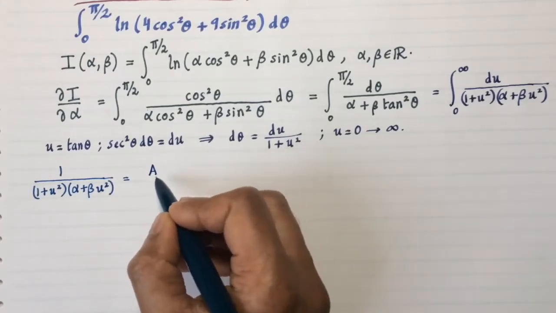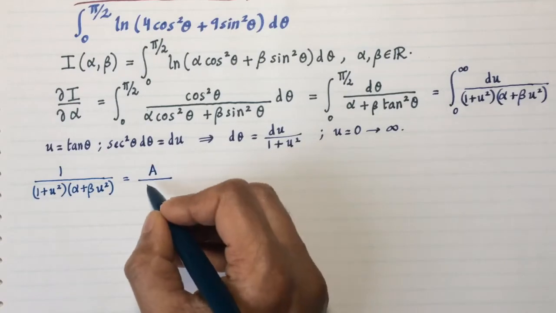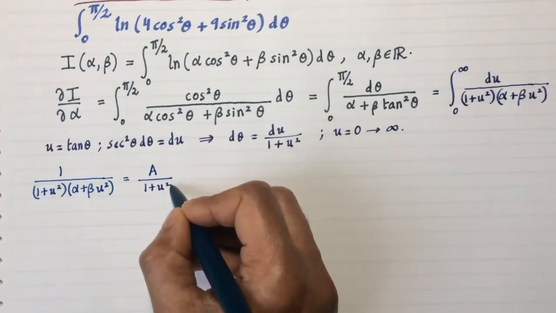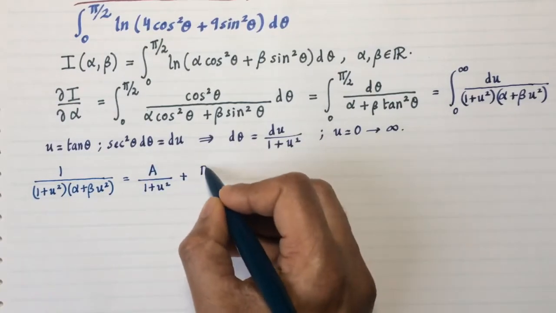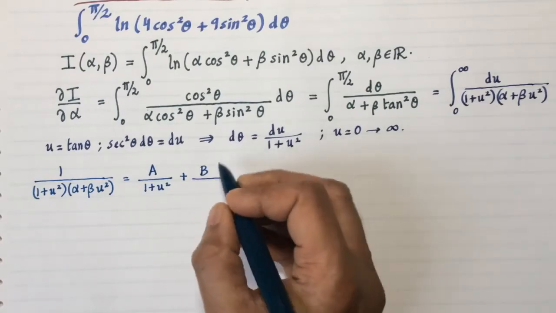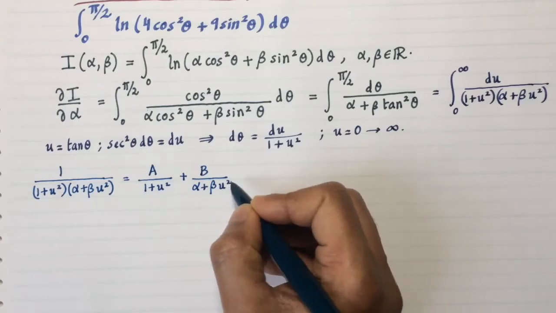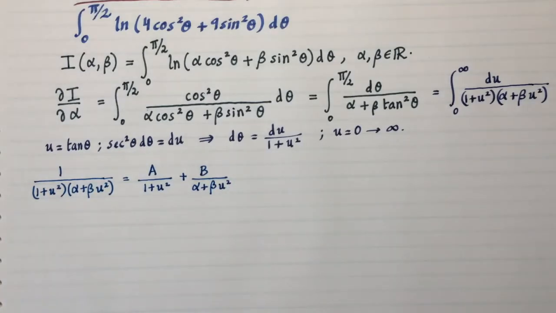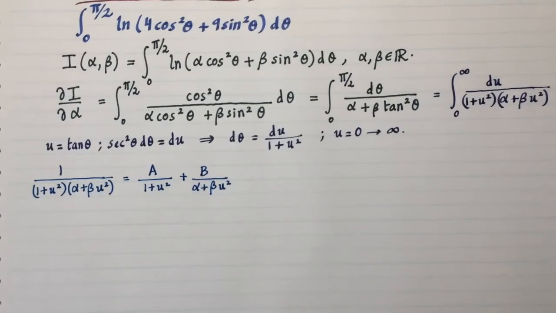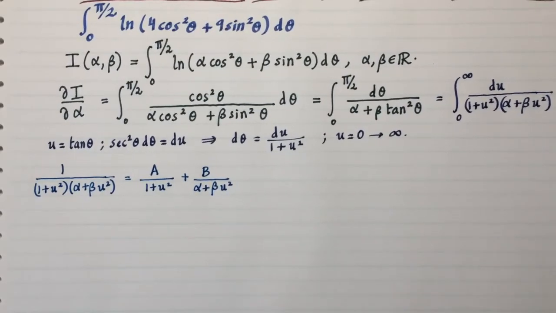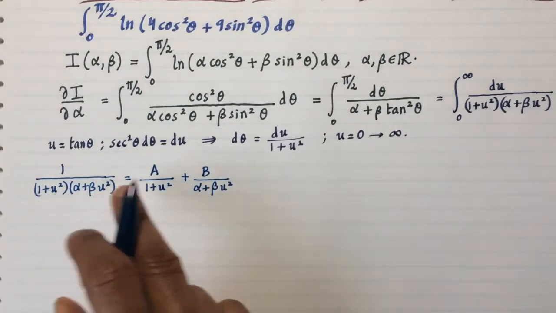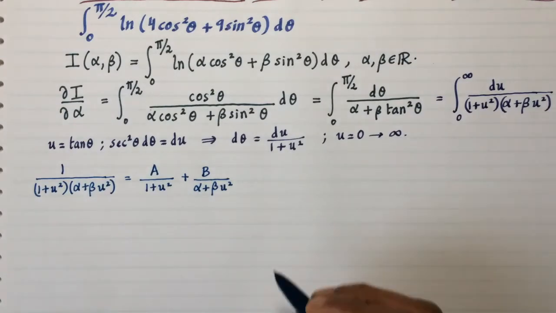I'm going to write it as a divided by 1 plus u squared plus b divided by alpha plus beta u squared. Now, the idea behind partial fraction decomposition is to adjust these coefficients a and b so that this must be true. Now, how do you go about doing that?